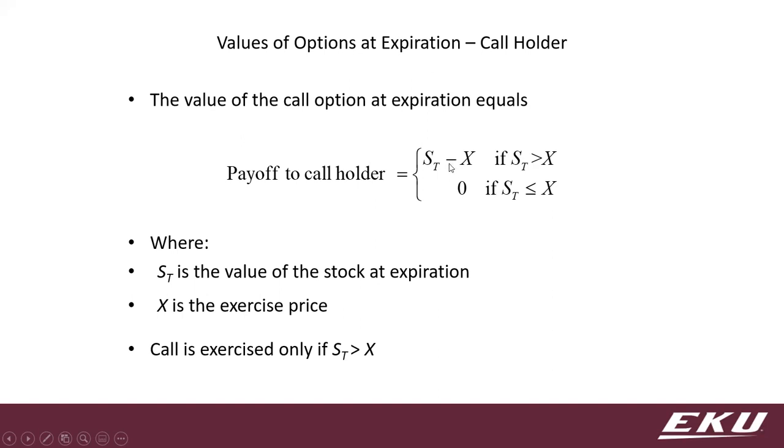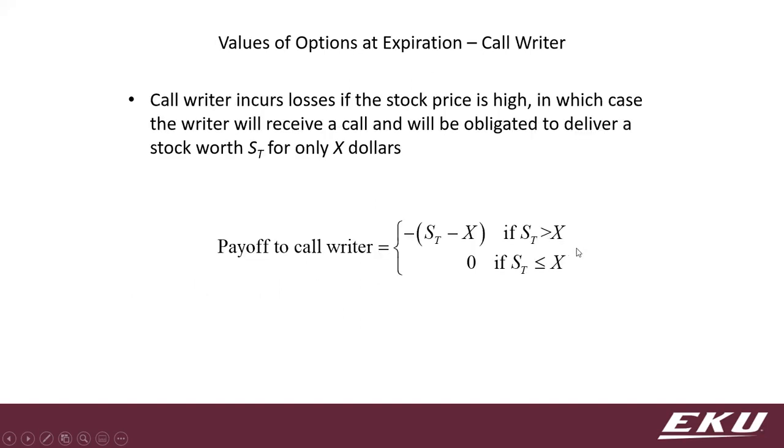But understand that there still would be the cost of this call that we have to incorporate. But that's what the value looks like. So if you can imagine, it stays at 0 and then it goes up at this rate, right? So it's a piecewise function.